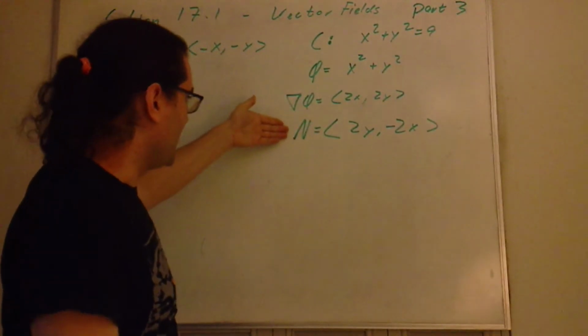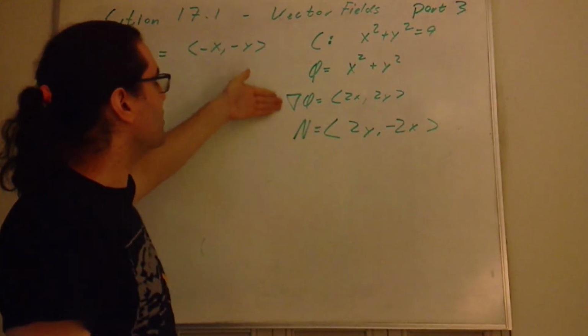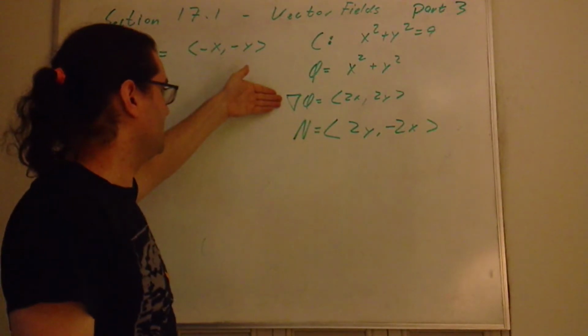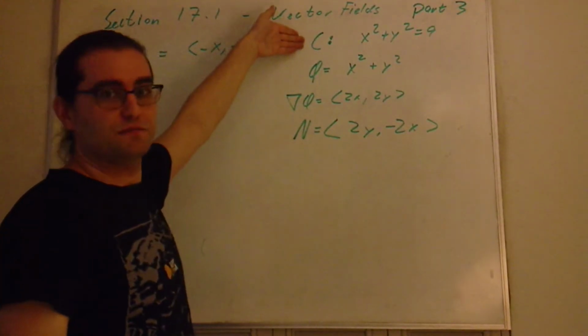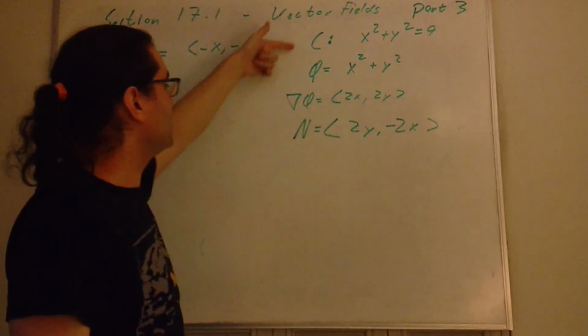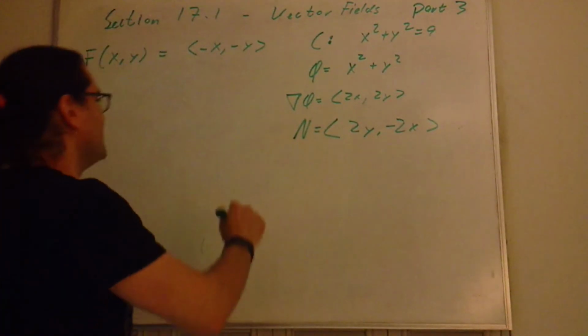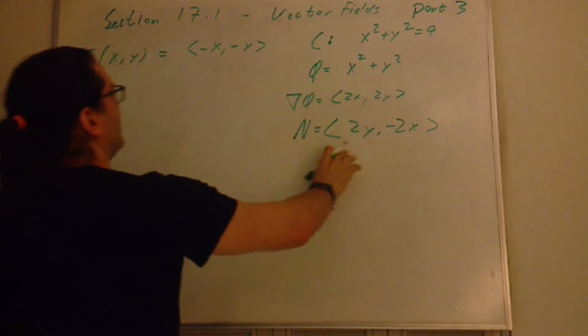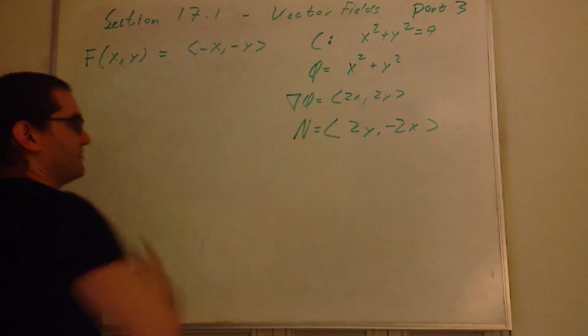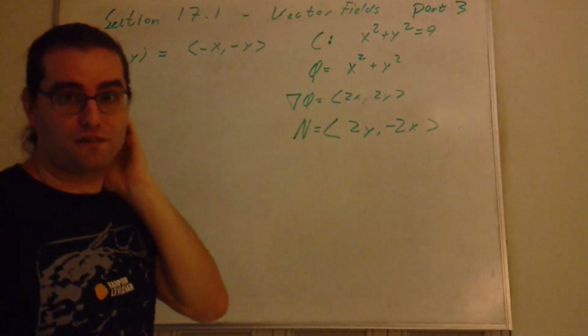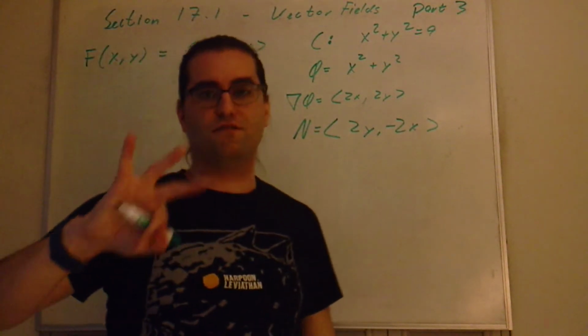So this n is always perpendicular to this, which is always perpendicular to this. So this is two layers of perpendicularity. I'm going to test to see if n is perpendicular to f. And that's my third layer of perpendicularity that will actually test for perpendicularity.